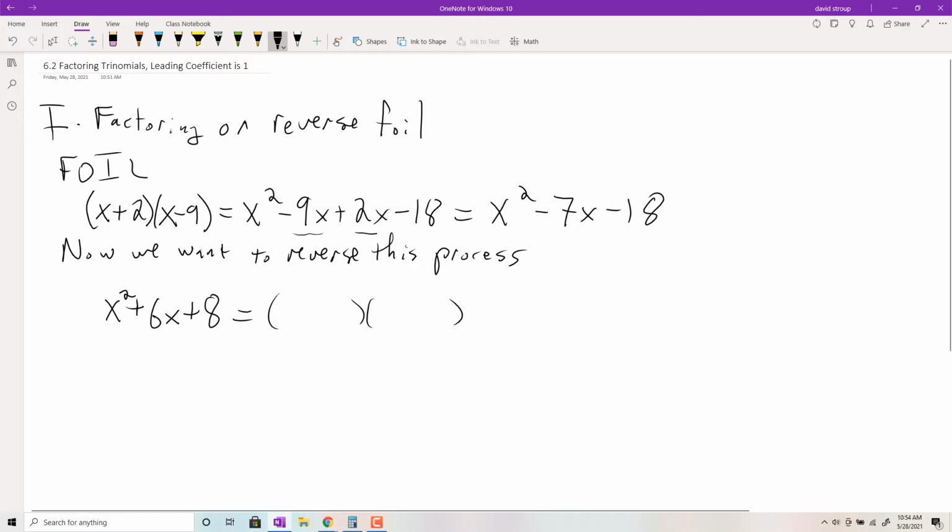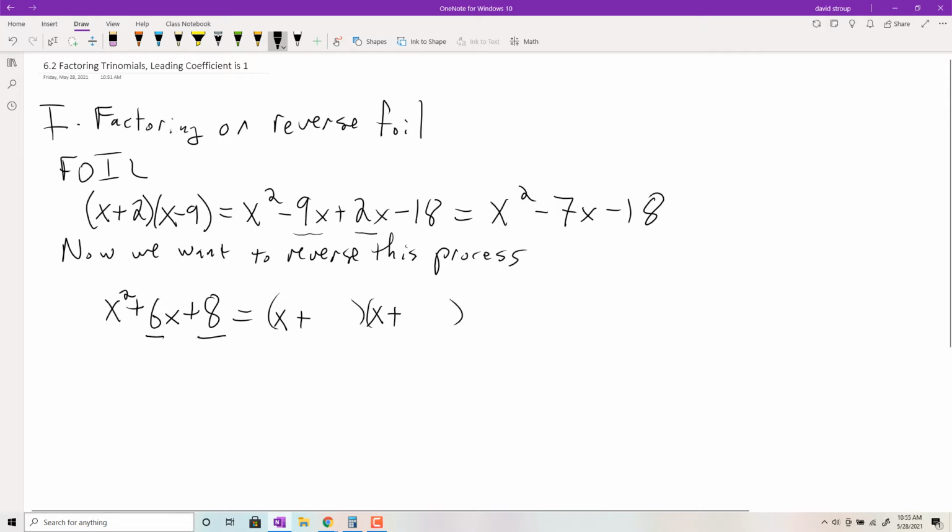When you have this form, and we'll talk about different forms of trinomials, you'll have to have x and x, and then it's going to have to be plus and plus because of the way the signs are. And then you need two numbers that multiply together to give you 8, but add together to give you 6.